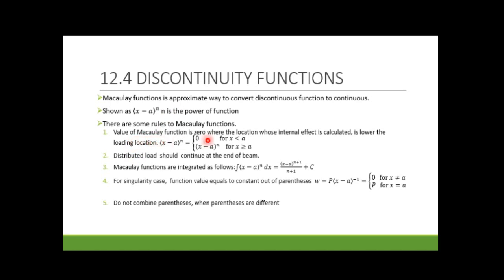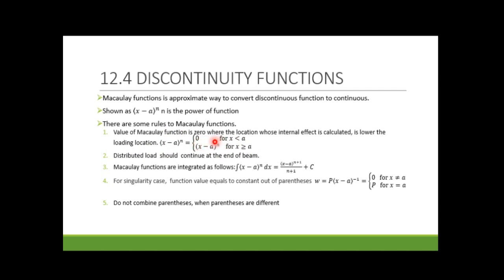The value of the Macaulay function is 0 where the location whose internal effects are calculated is lower than a. In other words, if you have to calculate the deflection anywhere at a point like location x, if x is smaller than a, your Macaulay function is directly 0.